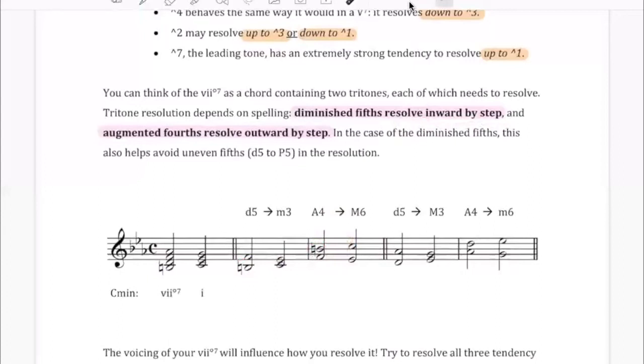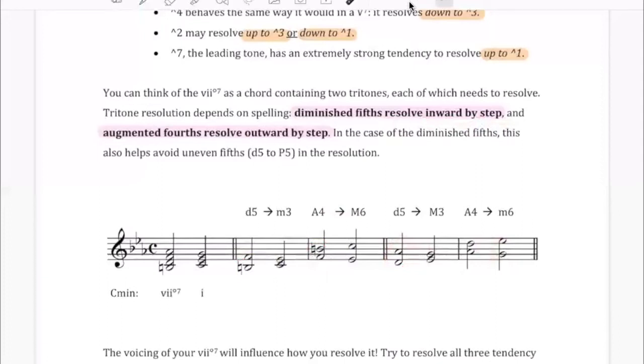Now, similarly, I've gone and done the same thing with the other pair. So now we have the third and the seventh of that harmony. And let's see now how they would resolve in those two instances. So now we have the diminished fifth here, D to A flat. It's going to resolve inward by step to create that major third. And then likewise, if we flip it the other way and make an augmented fourth, that is going to resolve outward by step.